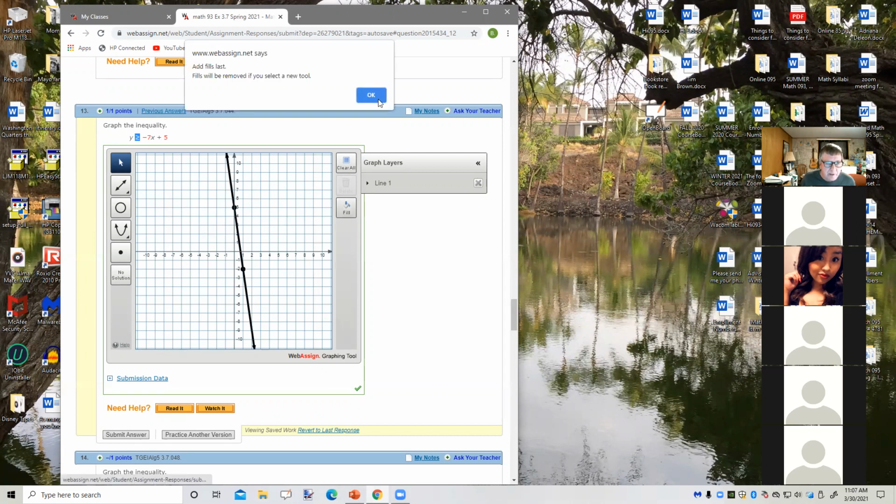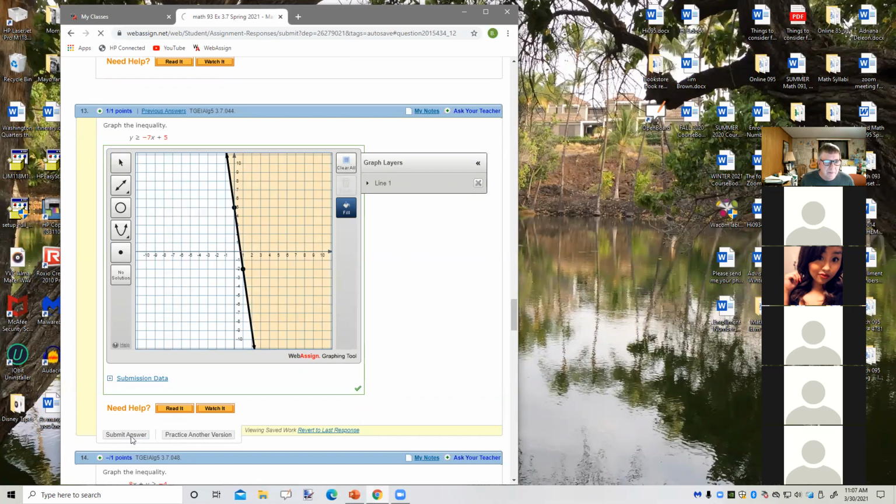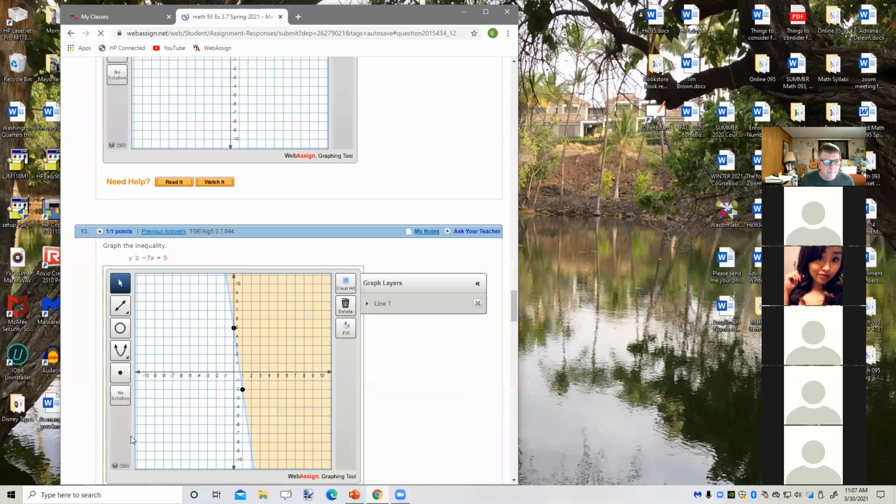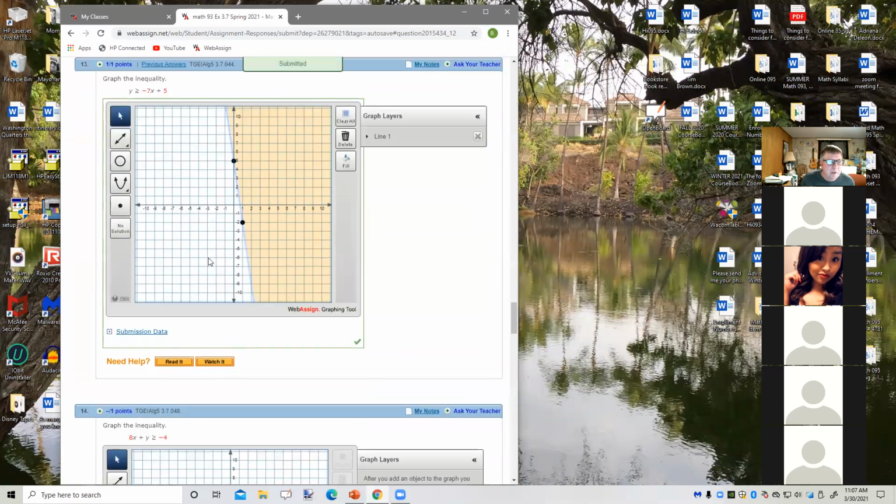So I'm going to fill it on that side. By having it in slope-intercept form, I can plot the y-intercept, use the slope to get a second point, and look at the inequality. If it says y is greater, it's going to be above it. If it says y is less, then it's going to be below it.